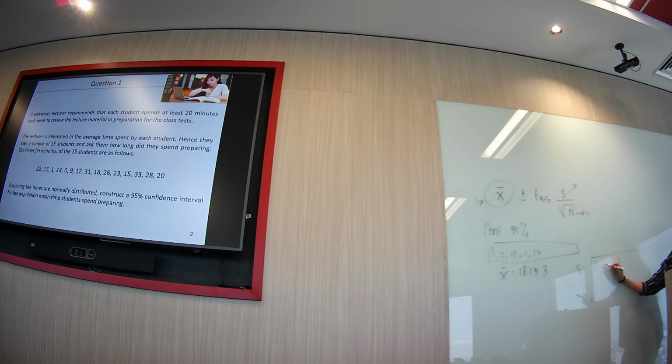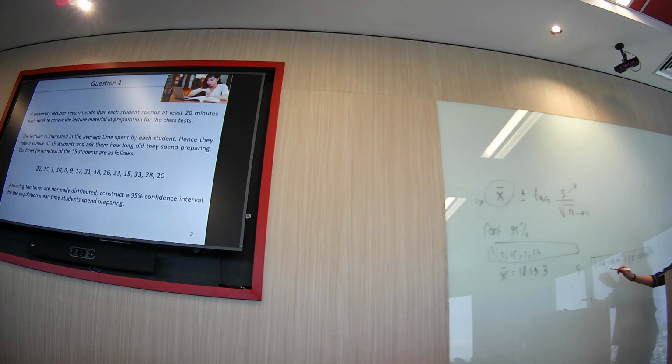The first data point from the question is 22, right? So 22 minus our mean, 18.150, and then you need to square it. Then plus the second data, around 15, so 15 minus the mean, and then square it.